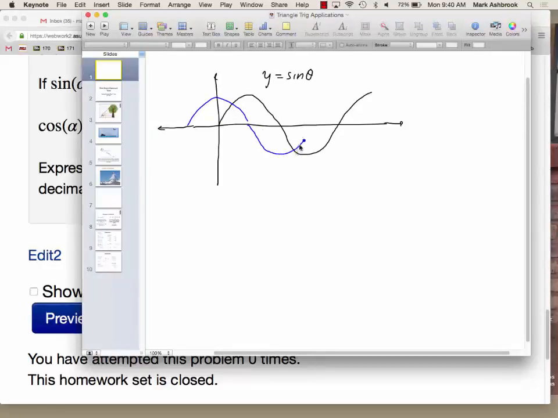Ahead or behind? Is it starting and transpiring before, or is it starting and transpiring after the original sine curve? Before, right? So angle measure from left to right. Here comes the angle measure. Boom, this one starts before. And then the sine starts later.